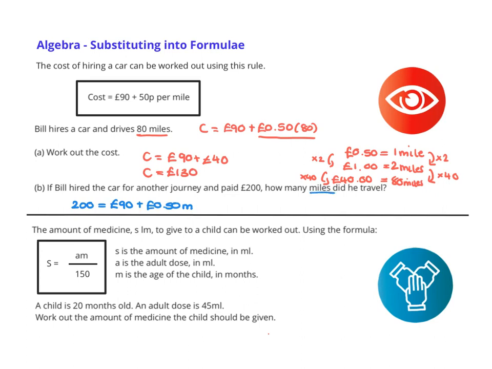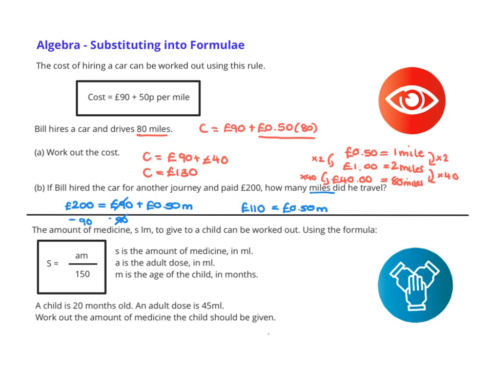Okay, so working backwards then, or trying to solve the equation as you would with any other typical solving equations question, I've got this 90. If I subtract 90 from both sides, I'll be left with £110 on the left equals, the 90 will have cancelled out on the right, so £110 was equal to 50p times the number of miles I travelled.